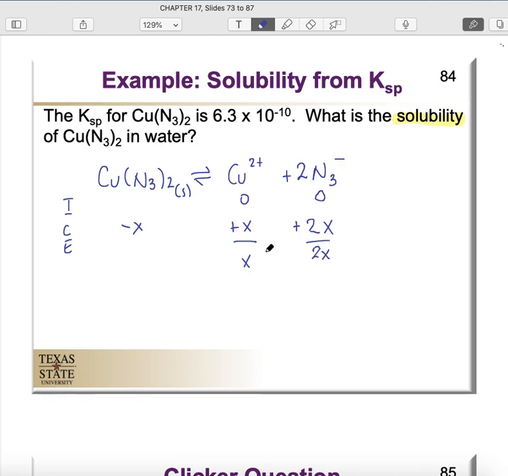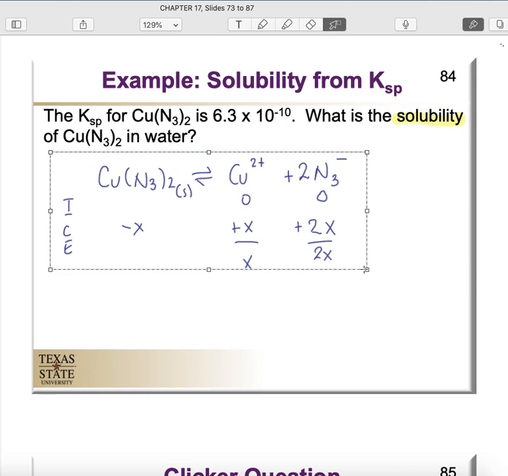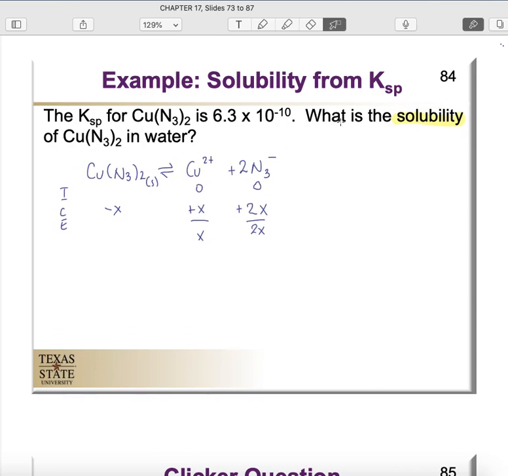From there, what we're going to do is use our equilibrium values to place them into the KSP expression. There we go. All right, so we're now going to write the expression for our KSP. Remember that the K is always products over reactants, but the reactant in this case is a solid, so we will be omitting it.